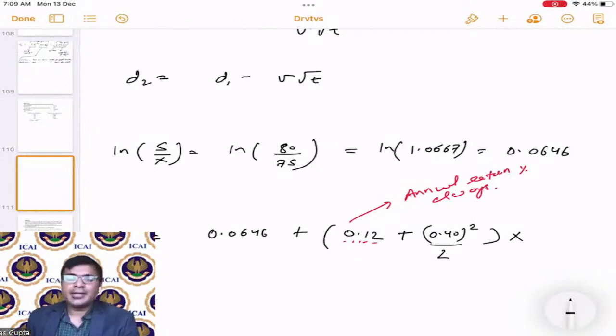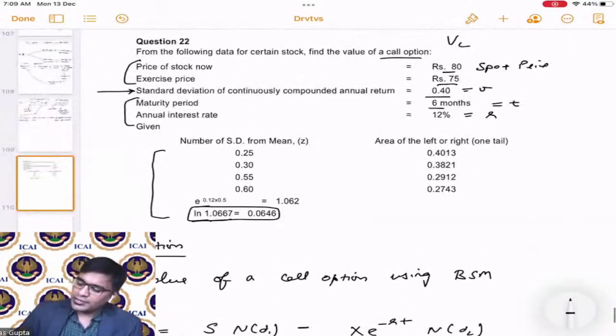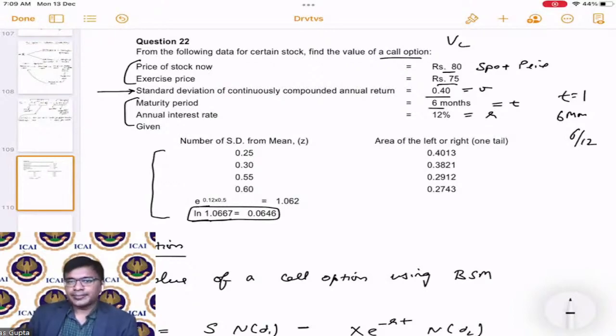But a percentage can be expressed as a decimal, so that is what we have done. Multiplied by 6 by 12, because we are talking about 6 months of maturity, correct? As we said, T is equal to 1 for 1 year, so for 6 months it would be 6 by 12, correct?